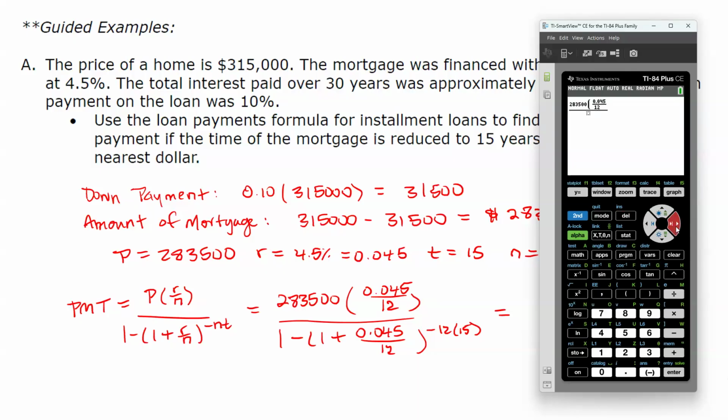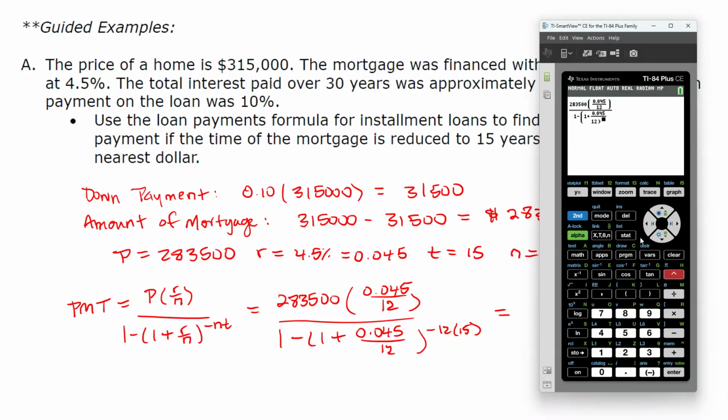Let's bring that on the outside. Then 1 minus parentheses 1 plus fraction 0.045 divided by 12.